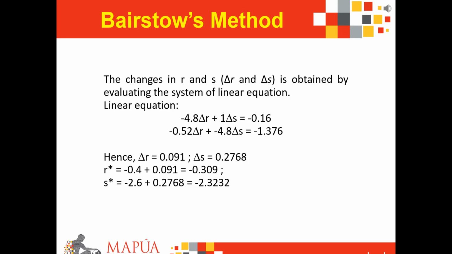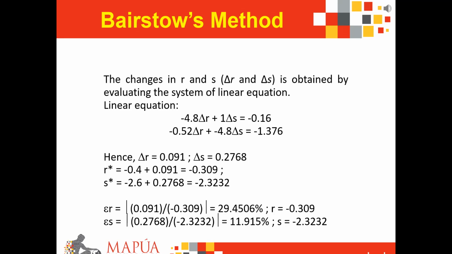Solving then for the error, your error at R is computed to be 29.4506%, while the error at your S is computed to be 11.915%, which eventually leads us to repeating the process.